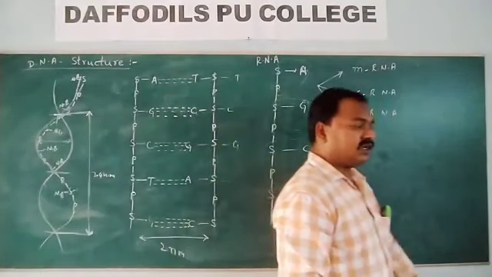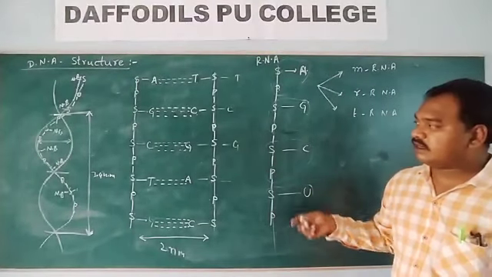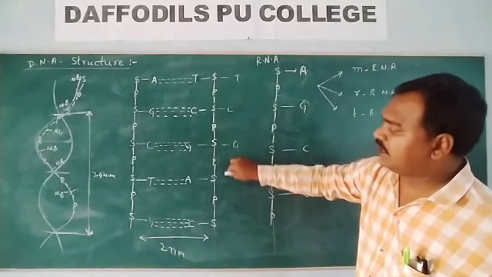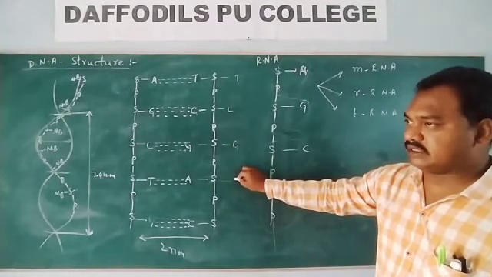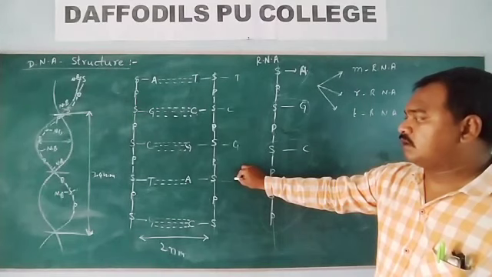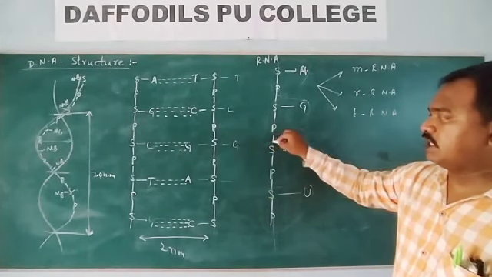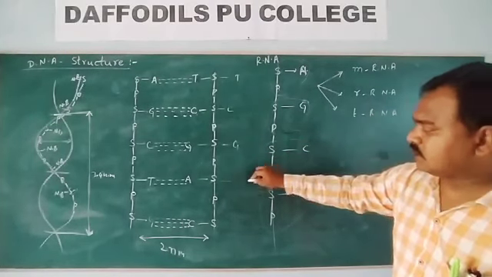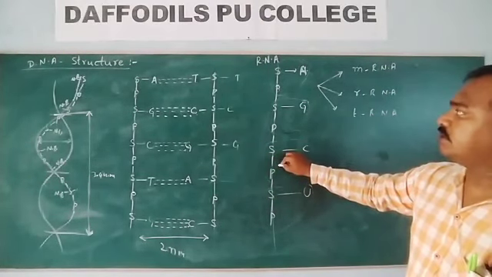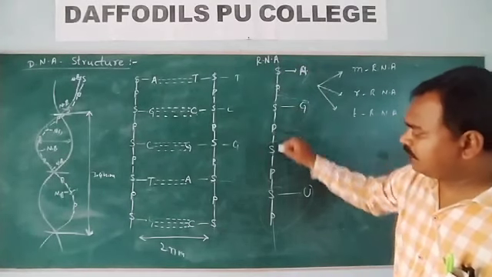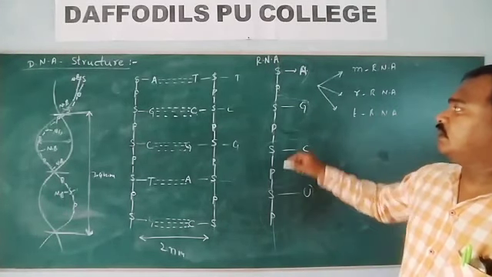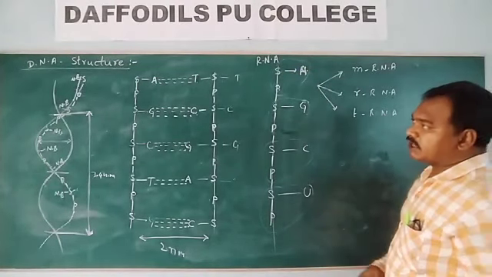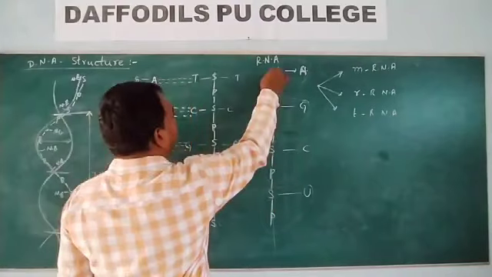After the nitrogen bases come outside, whatever information is stored on this DNA in the form of nitrogen bases is transcribed onto an RNA chain in the form of complementary pairs. So for thymine, what is the complementary pair?